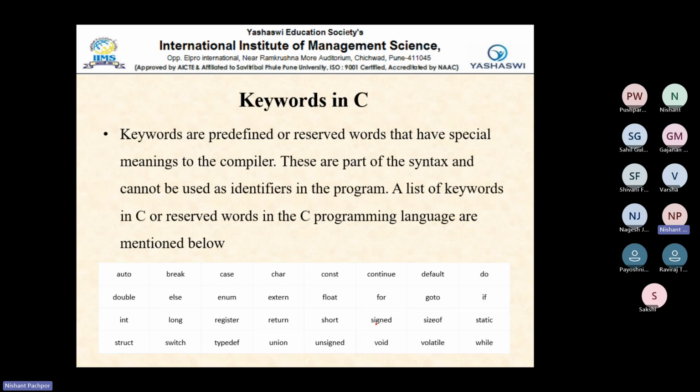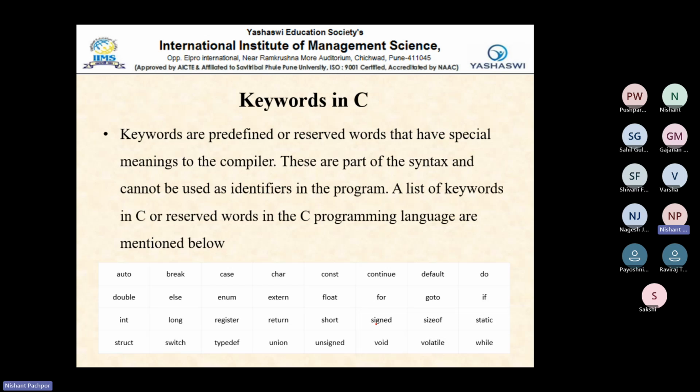A list of C keywords, reserved words in C programming: auto, break, case, char, const, continue, default, do, double, else, enum, extern, float, for, goto, if, int, long, register, return, short, signed, sizeof, static, struct, switch, typedef, union, unsigned, void, volatile, and while.